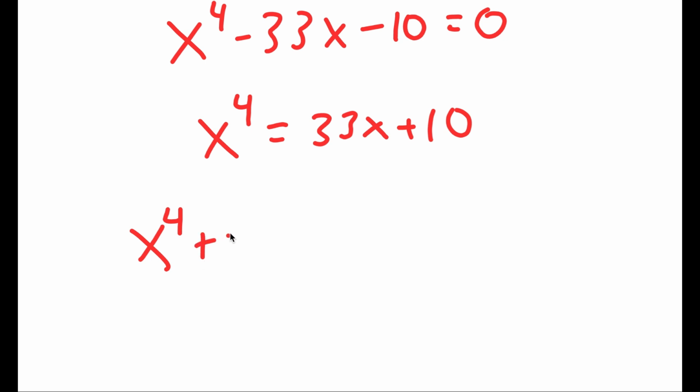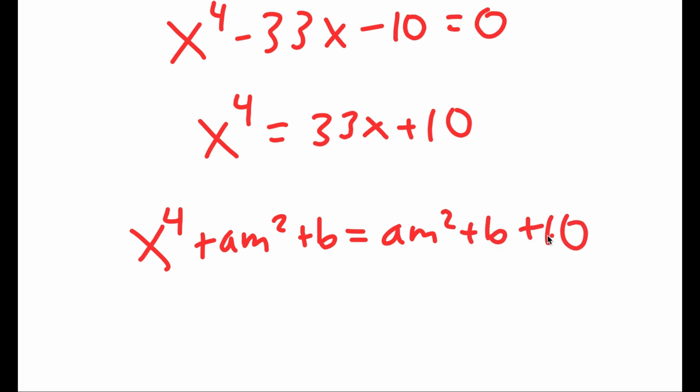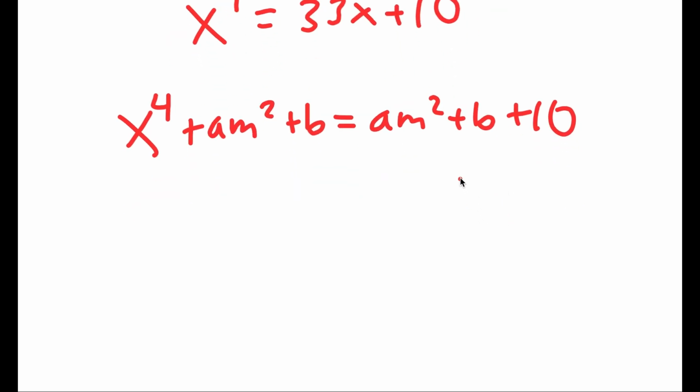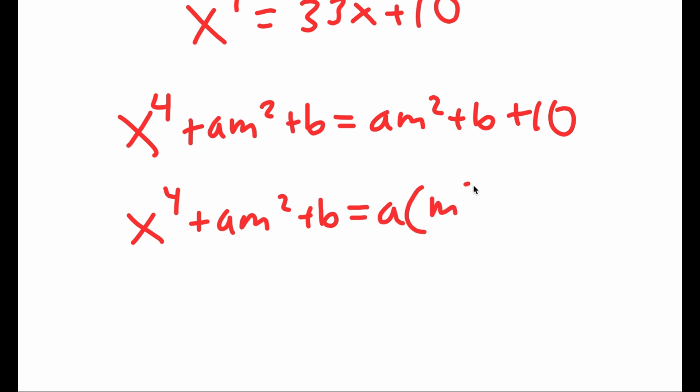So I have x to the power of 4 plus ax squared plus b is equal to ax squared plus 33x plus 10 plus b. And this is the same thing as x to the power of 4 plus ax squared plus b is equal to a times x squared plus 33x over a plus 10 plus b over a.